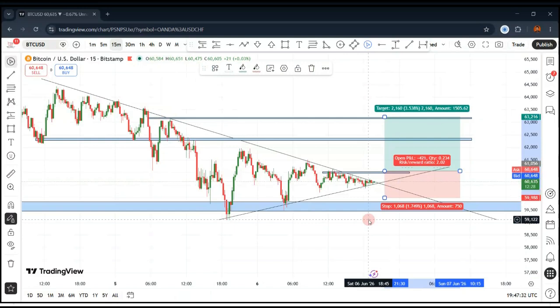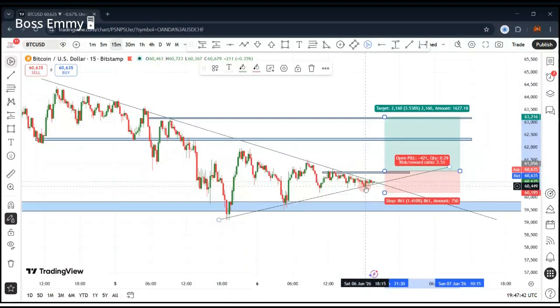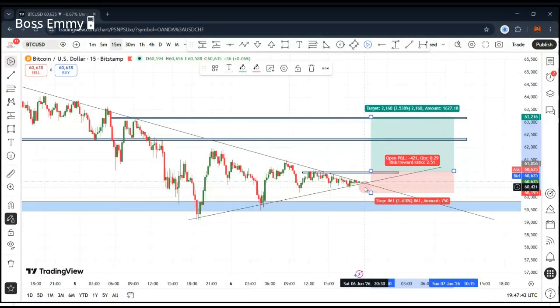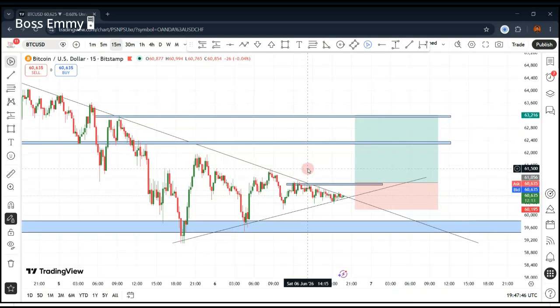If I'm to set my stop loss, it's as simple as just bringing it below this zone where price is currently reacting. I don't know what is going to happen before price gets to this point.